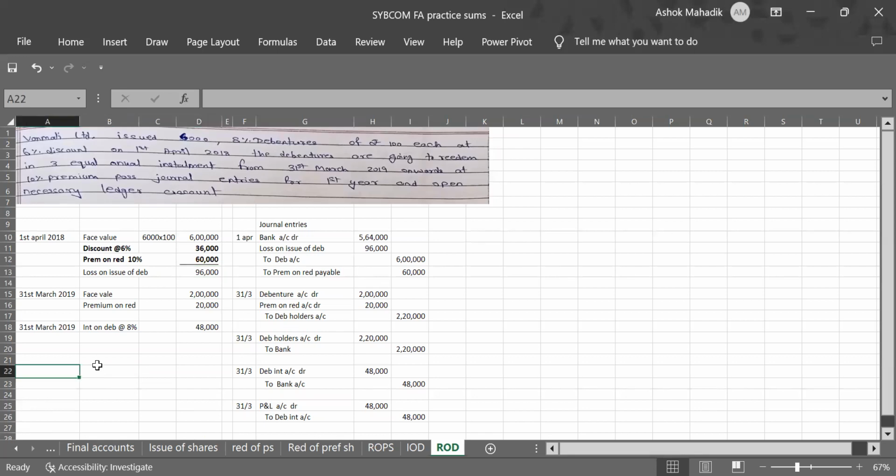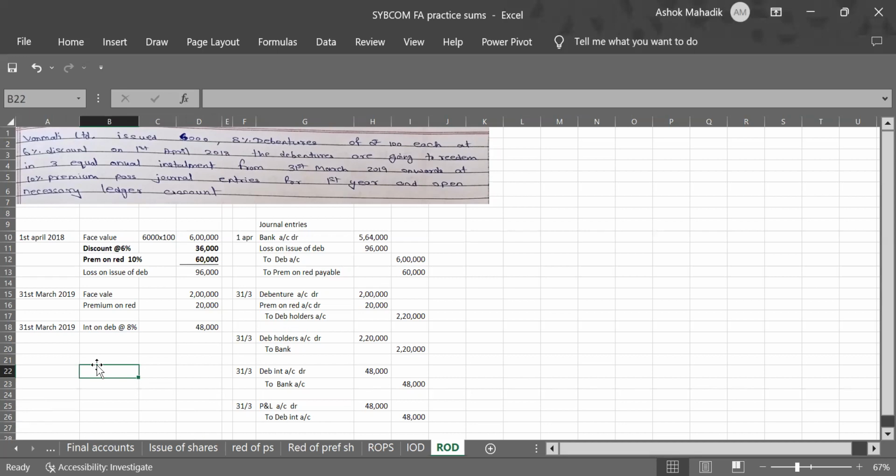We have to consider how much amount is outstanding at year end 1, year end 2, and year end 3. At the first year end, what is the total amount outstanding? Full 6 lakhs.